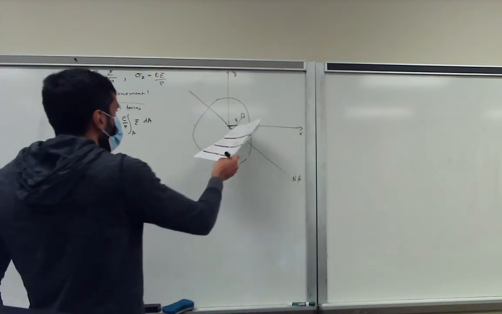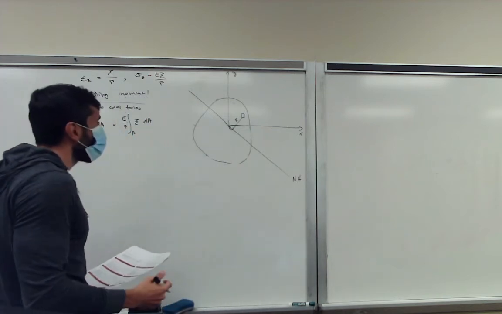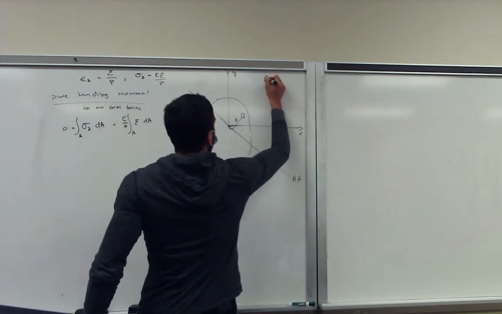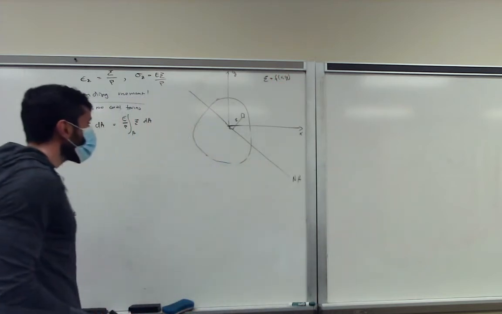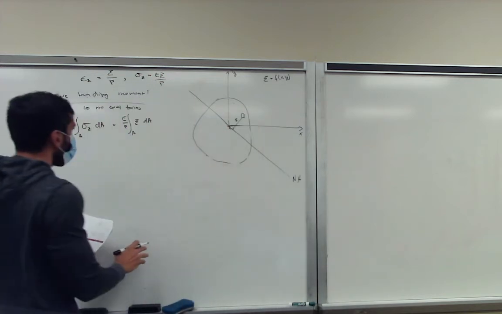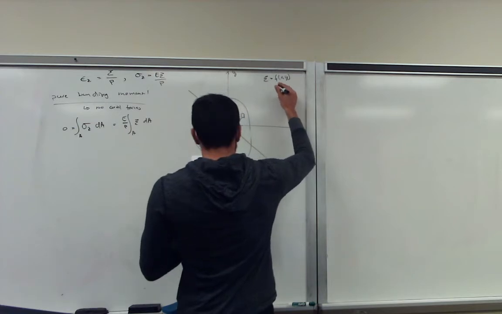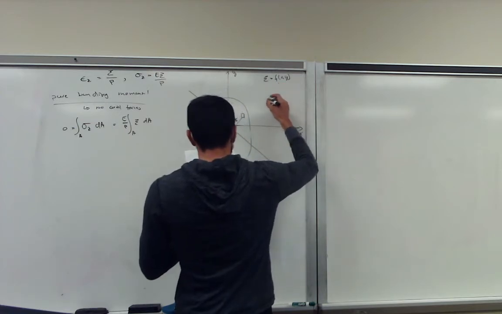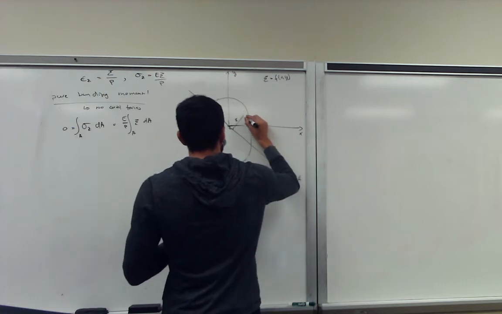So now we have to determine what psi is. We want to determine psi as a function of x and y. So let's define a couple of things. We're going to redraw this figure a bit. We can assume a small point.